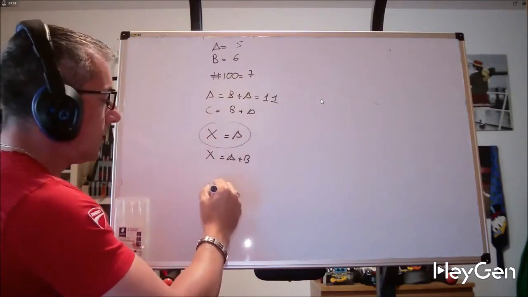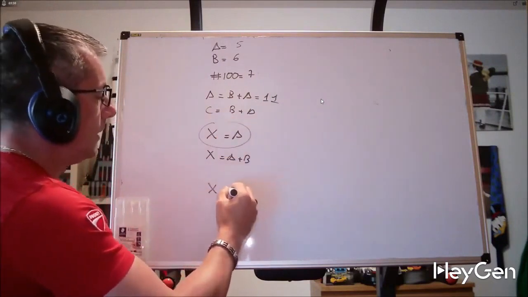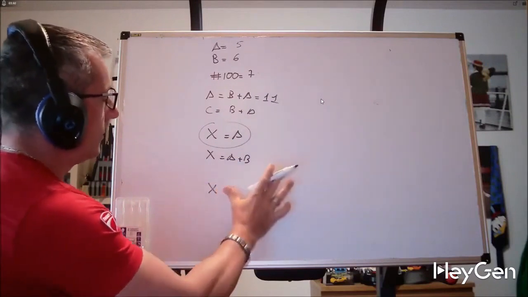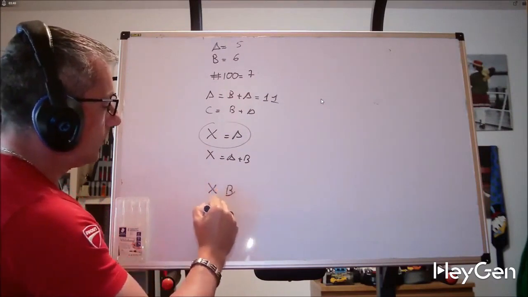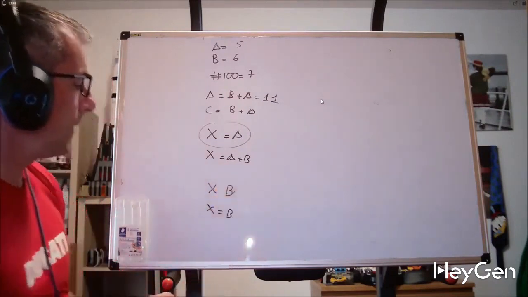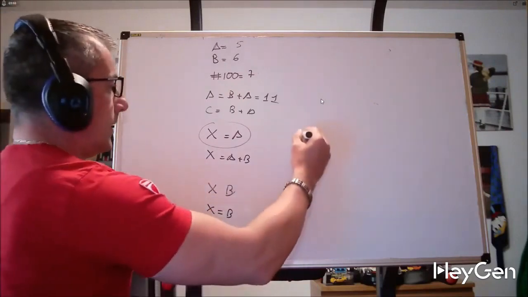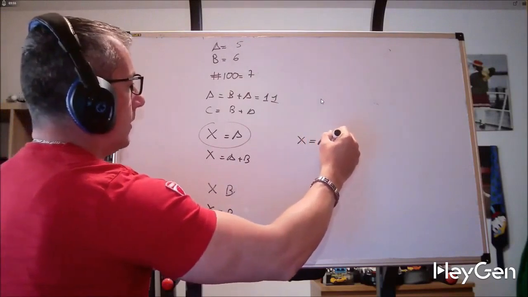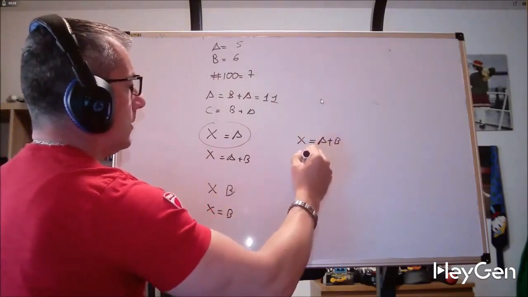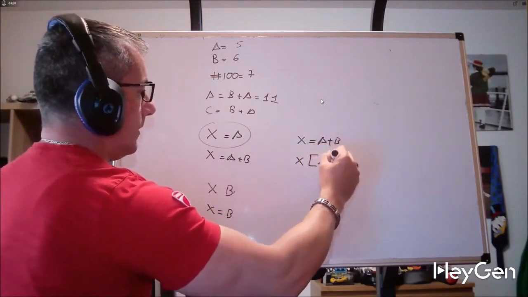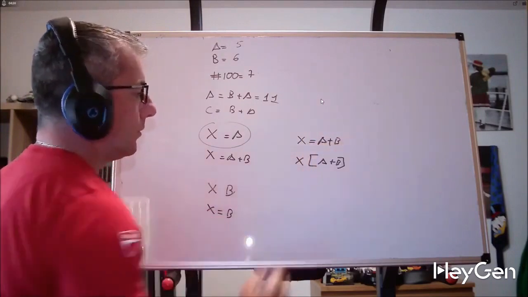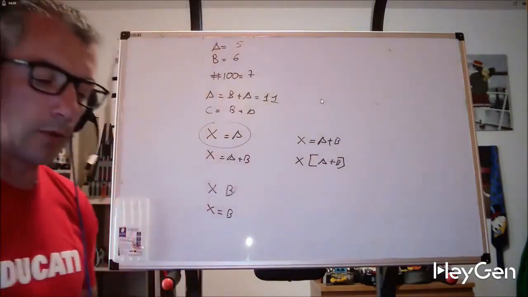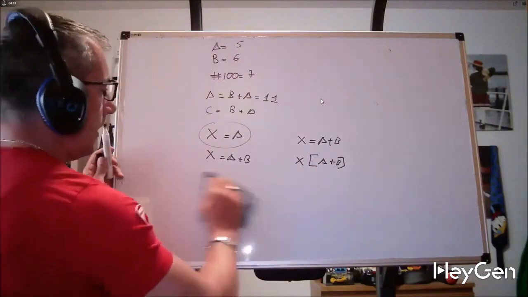Some CNCs might just require you to input x equals a plus b, others might ask for x equals, open square bracket, a plus b, close square bracket. Just know that it can be done. How it can be done, the CNC machine manual will tell you.